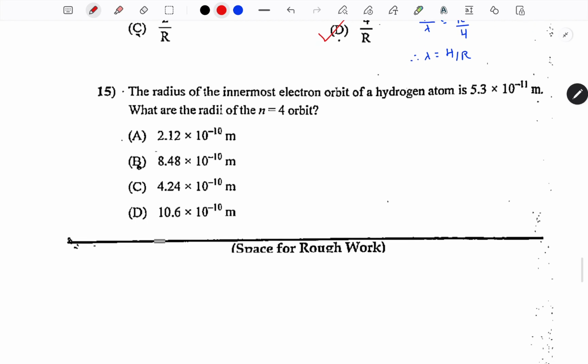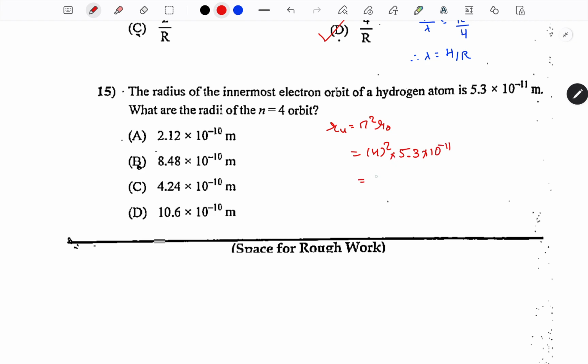moving further, the next question says, the radius of the innermost electron orbit of a hydrogen atom is 5.3 into 10 to the power minus 11 meter, means Bohr's orbit. What is the radius of n is equal to 4? Okay, for that we know that R4 is equal to n square into R0. R0 means Bohr's orbit. Therefore 4 square multiplied by 5.3 into 10 to the power minus 11.